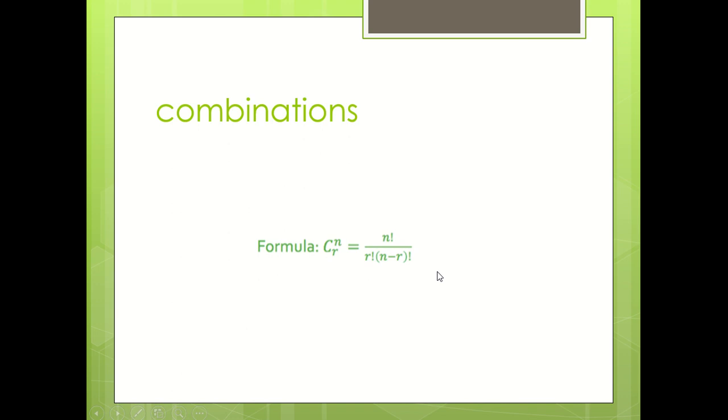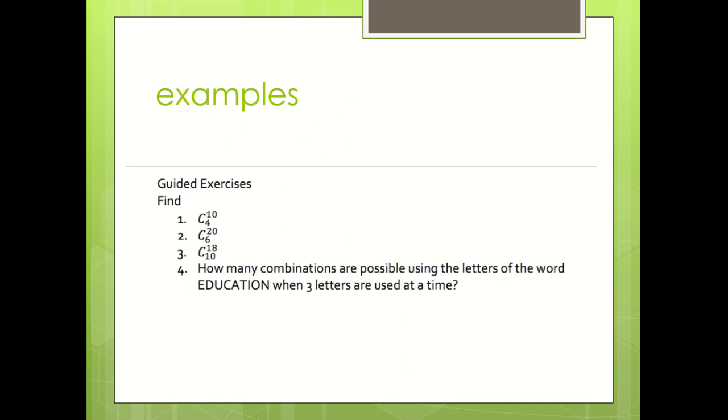So again, both n and r are numbers, the number of objects, and the value of r is always less than the value of n. So here are some examples. Just like the nPr or the permutations, there is also a key for the combination in the scientific calculator.